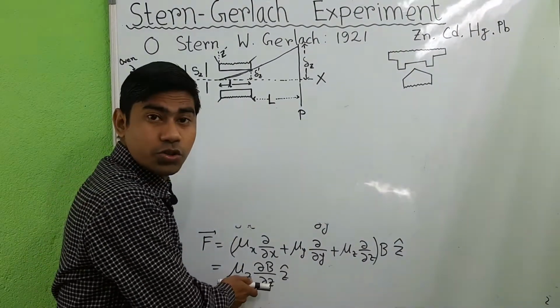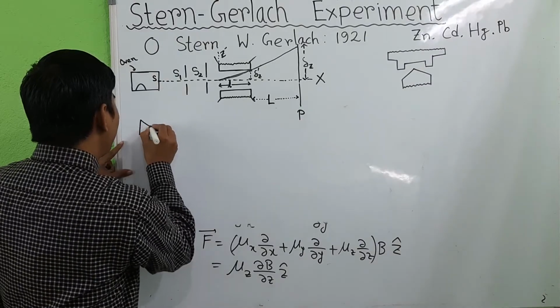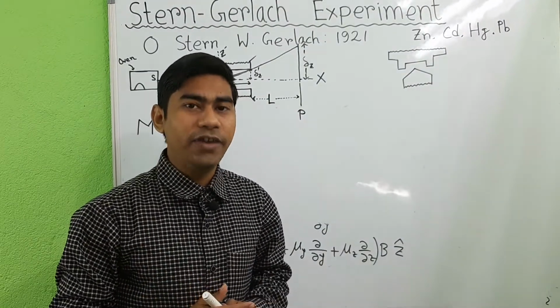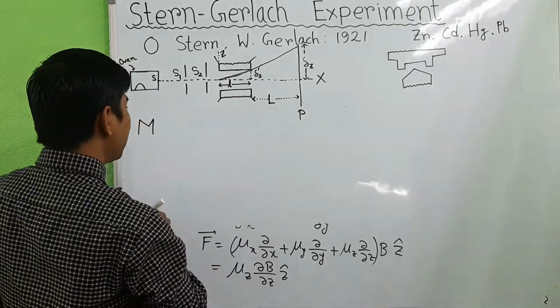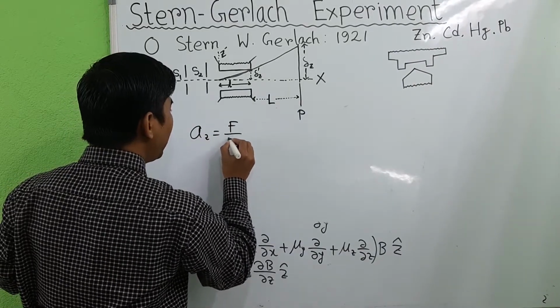Due to this force, each silver atom of mass m, while moving through the magnetic field, has an acceleration in the z direction given by Az equals F by m.